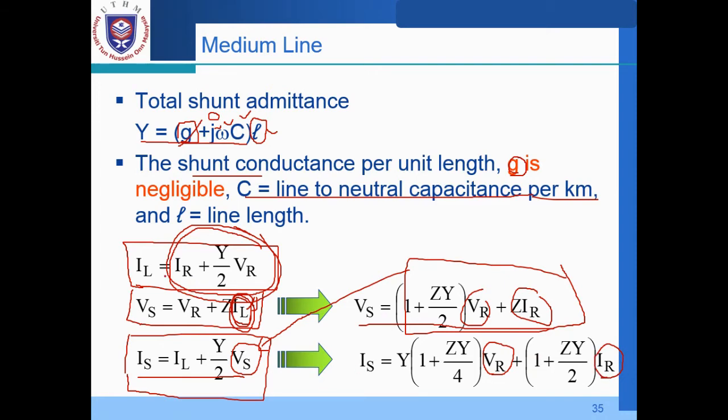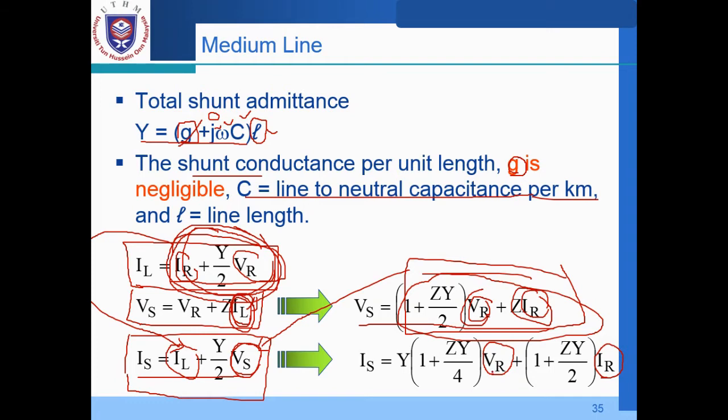So we have IL being replaced by this equation, and Vs being replaced by this equation, leaving the constants of VR and IR. Rearrange, so you may have the VR and IR relationship.